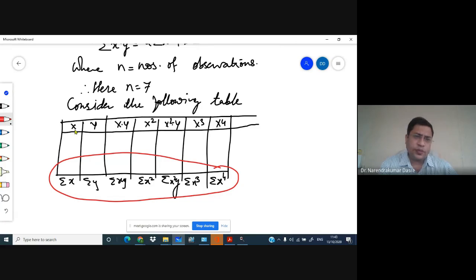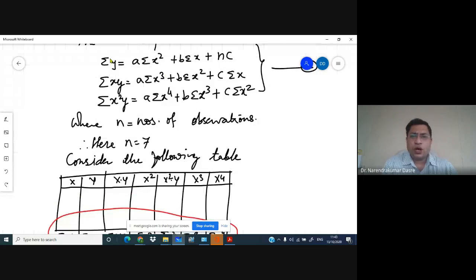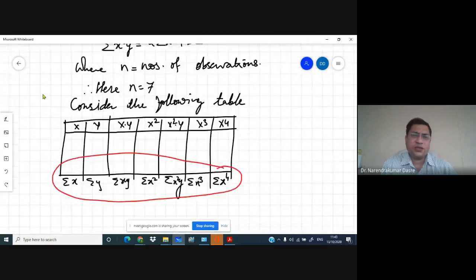We have x, y, then we calculate x into y, x square, x square into y, and then x cube and x raised to 4. If we are able to calculate these sums, then we are able to solve these simultaneous equations.